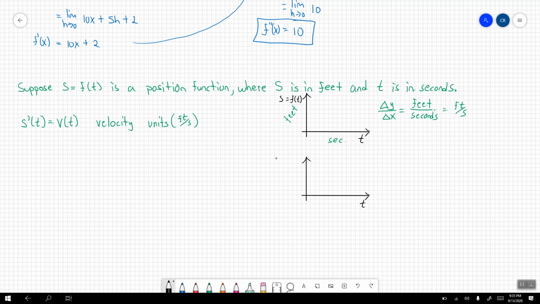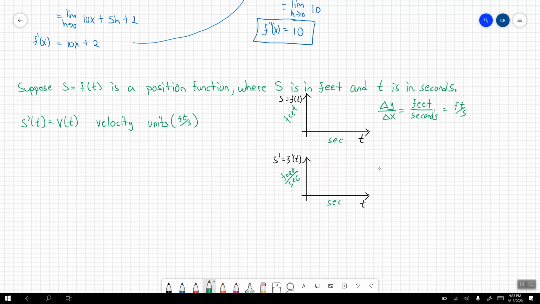Instead, I'm going to be using this as s prime, in other words, f of t prime. Well, that unit of measurement, as we came to find out, was feet per seconds. But time was still seconds.